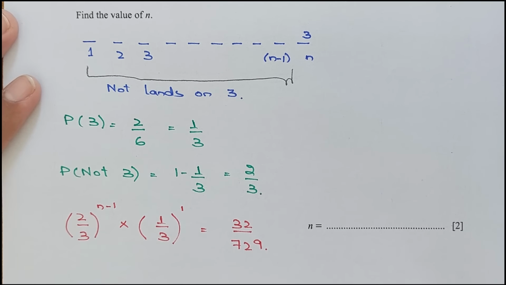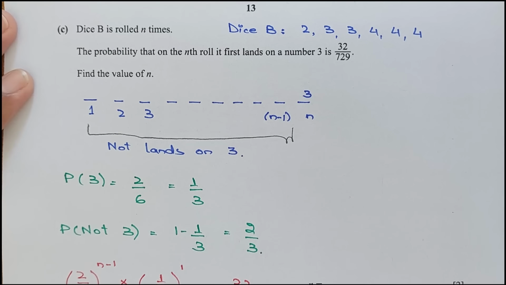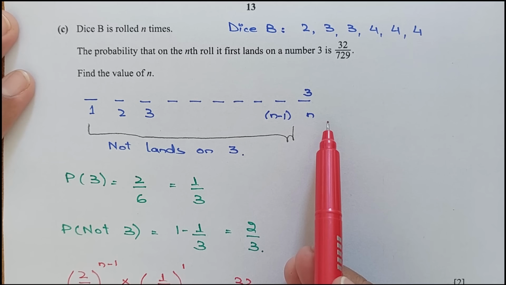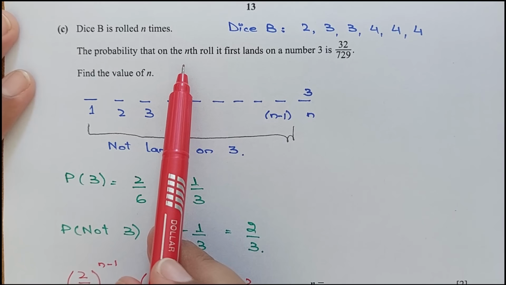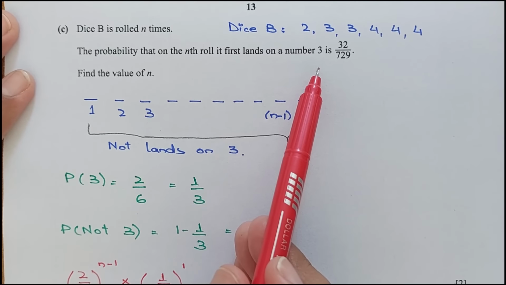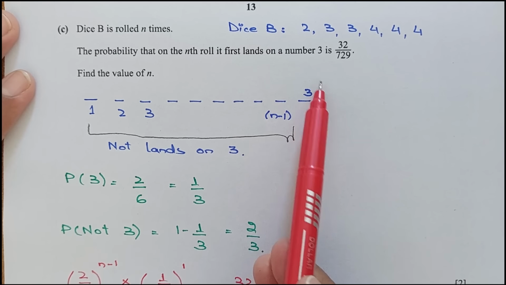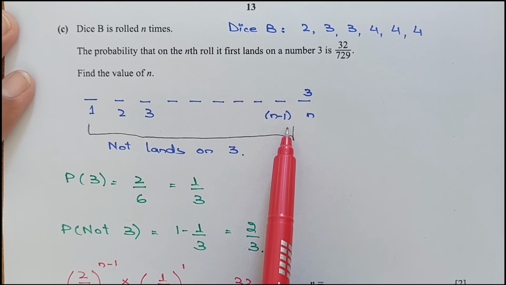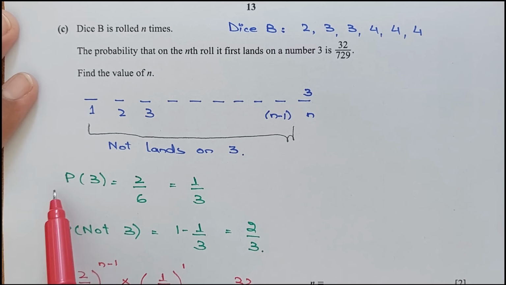Let me explain one more time. Dice B is rolled n times, so I just wrote down from 1 to n, and we know the probability that on the nth roll it first lands on number 3. On the nth roll it is landing on number 3, and with the rest of the rolls from 1 to n minus 1, it is not landing on number 3. I wrote down the probability of number 3 and not number 3.